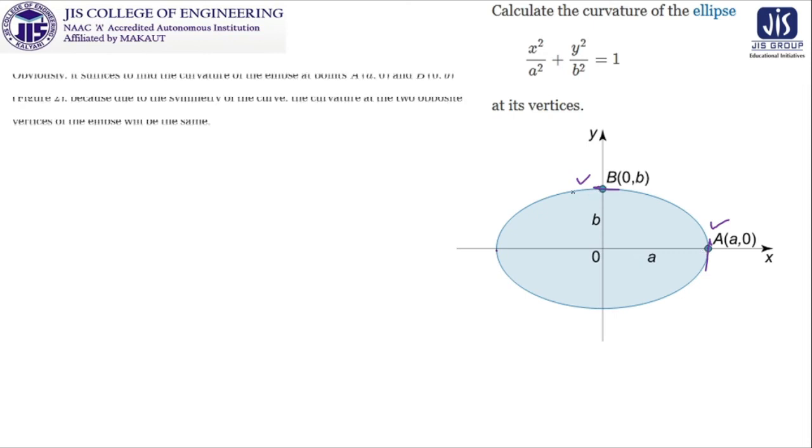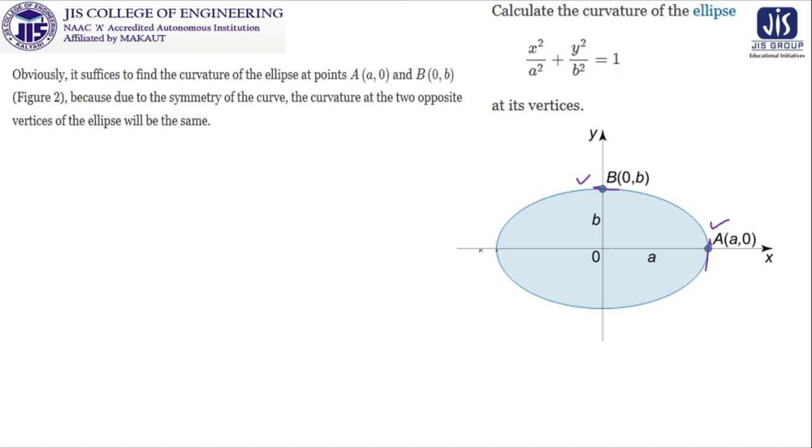So let us check the calculation. We have to do the calculation for the point A at (a, 0) and the point B at (0, b) as in this figure. Due to the symmetry of the curve, the curvature at the two opposite vertices of the ellipse will be the same.